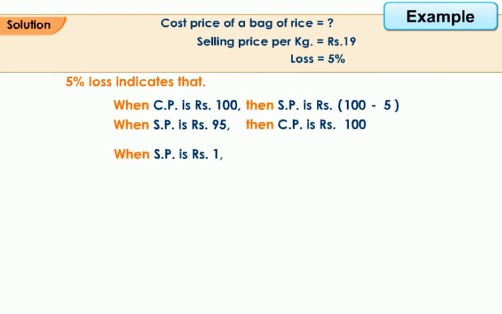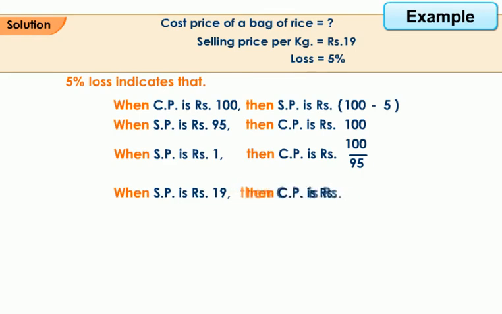When selling price is rupees 1, then cost price is rupees 100 by 95. When selling price is rupees 19, then the cost price is rupees 100 by 95 into 19.